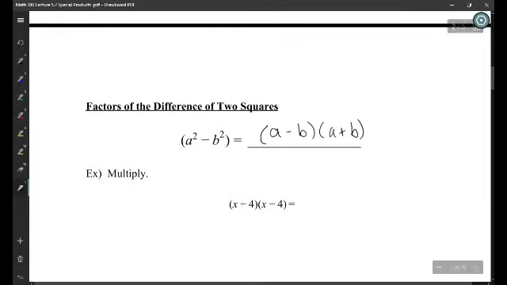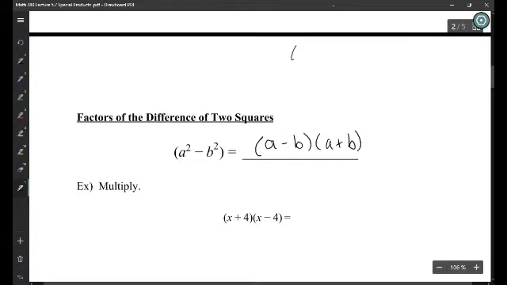So the reason is because, say you have a minus b times a plus b. Well, first multiplication, we get a squared. Second, a plus b. Or, excuse me, ab, a times b.